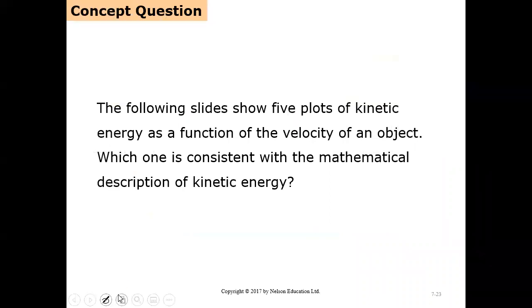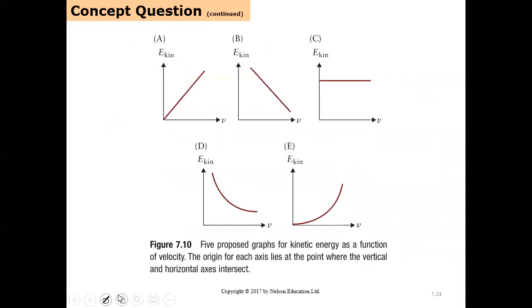Concept question. The following slides show 5 plots of kinetic energy as a function of the velocity, or the speed, of an object. Which one is consistent with the mathematical description of kinetic energy? Right? Let's see. Now, what is the equation for kinetic energy? It is equal to half m speed squared.